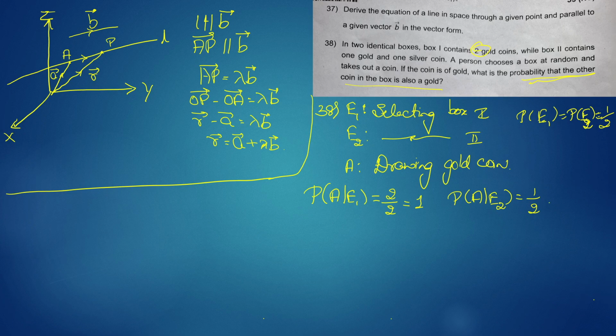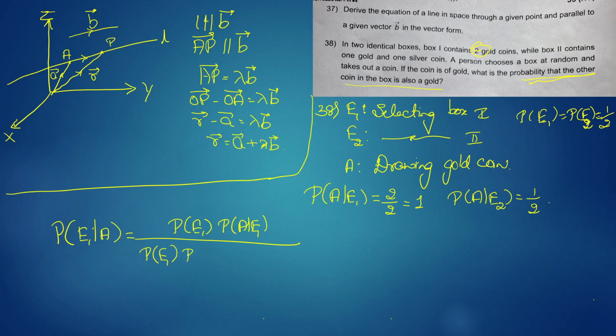Therefore, we have to find the probability of selecting the first box when we already know that the drawn coin is a gold coin. That is nothing but probability of E1 into probability of A given E1 divided by probability of E1 into probability of A given E1 plus probability of E2 into probability of A given E2.